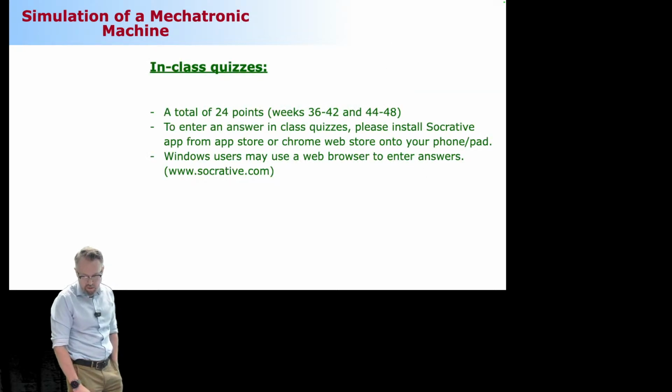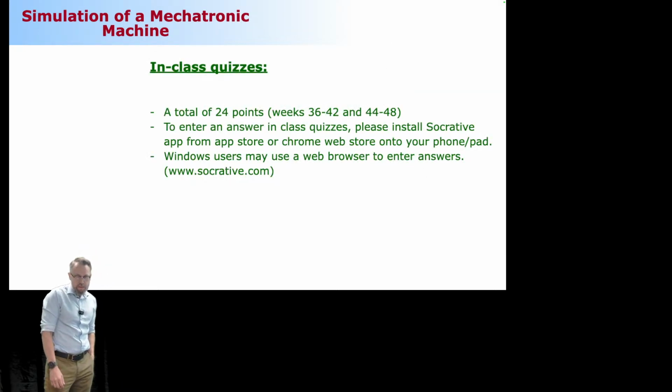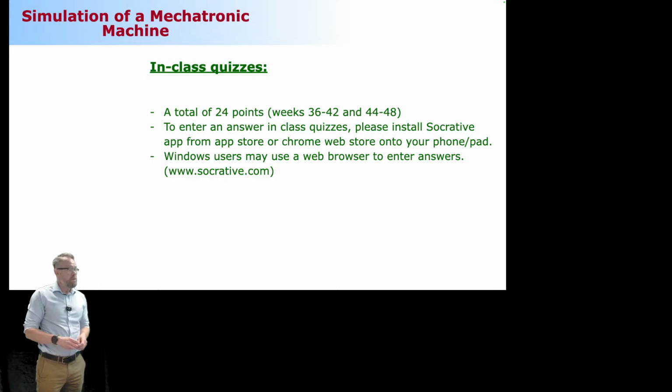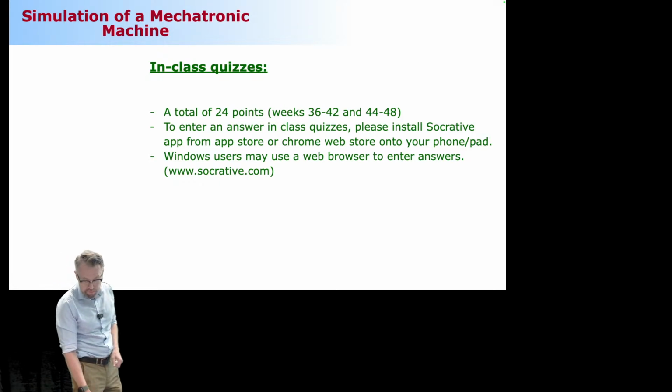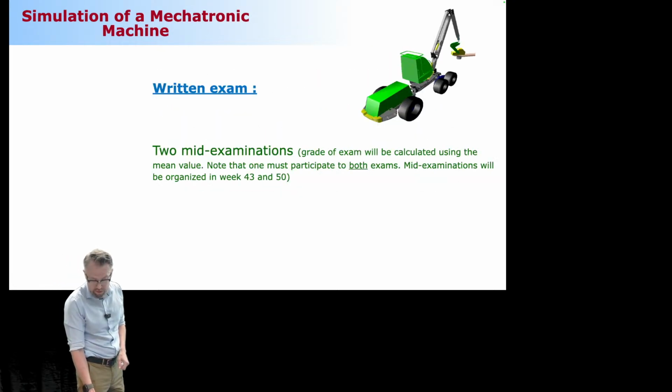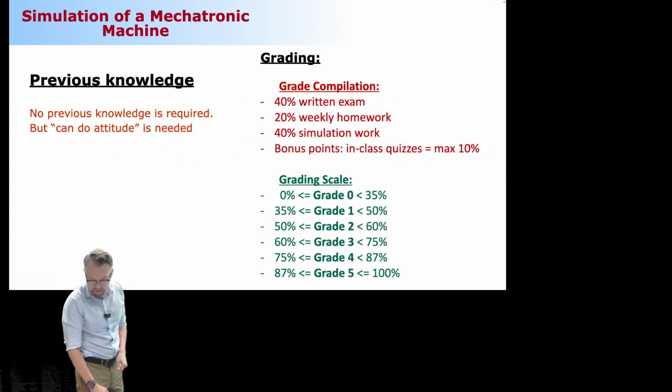In-class quizzes, a total of 24 points. And it's simply that you need to install something called Socrative. I hope that you have that already on your phone or, I don't know how you're going to answer. But if not, you're not going to get these extra points. And these extra points, like if I go back, you know how it goes, this was this math table.